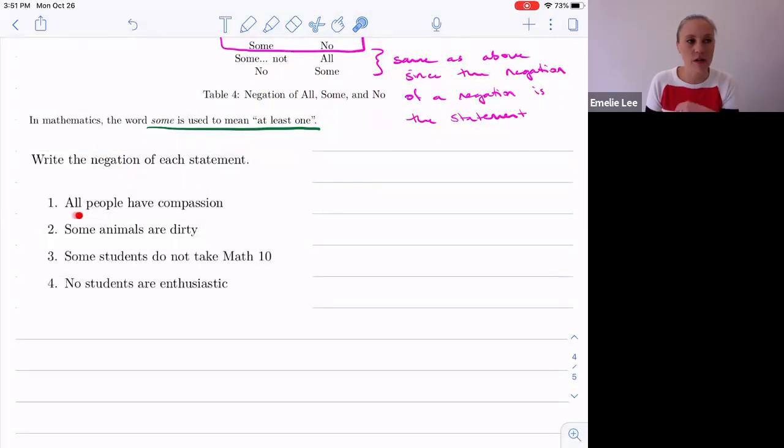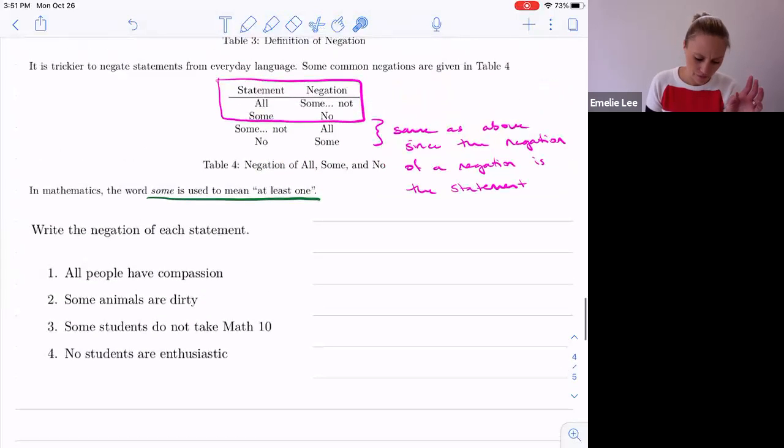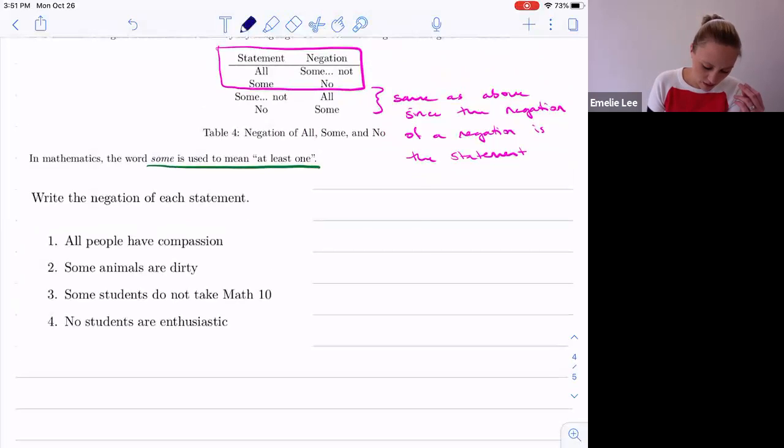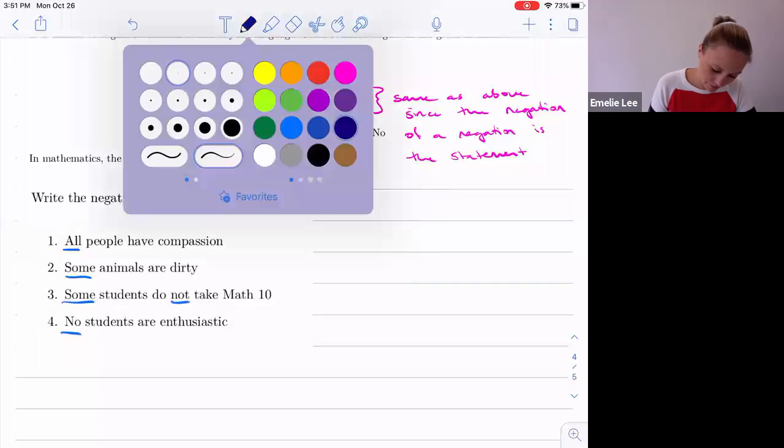We need to figure out what the key word is in the statement. And so here, we're saying all. In the second one, we have some do not, and then no. Hey, what a coincidence. All, some not, no.